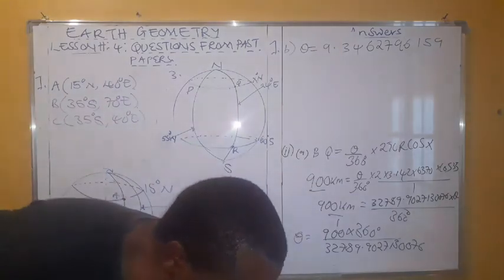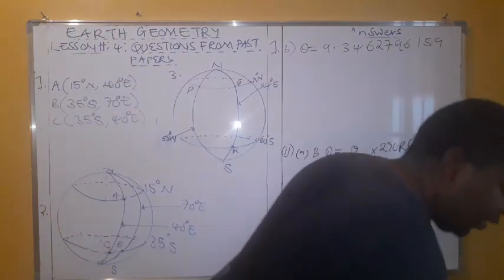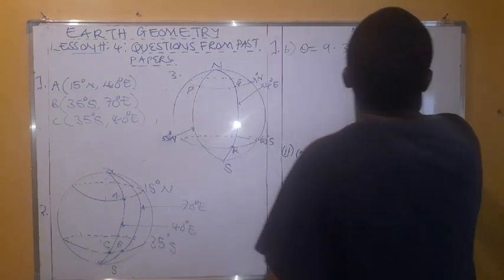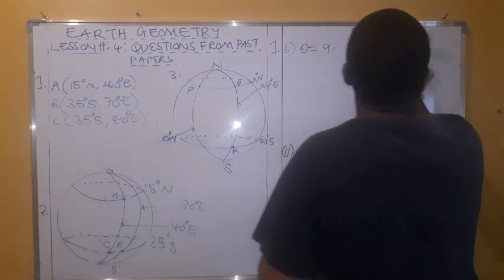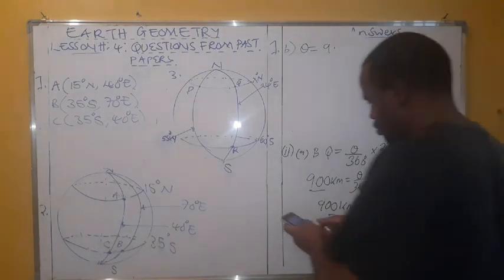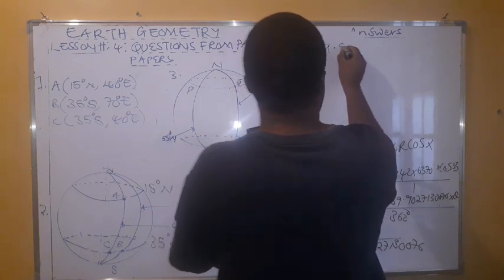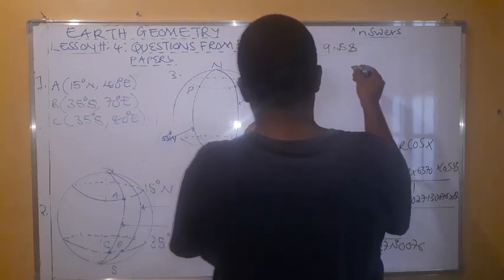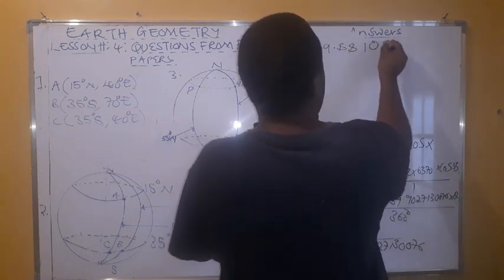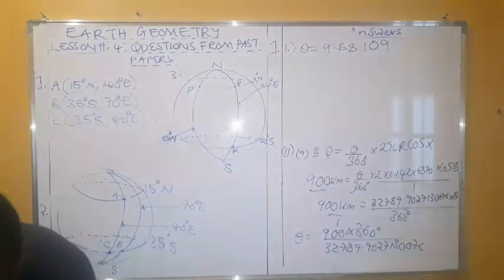When you work that out, again, even this one will be slightly affected. These are just minor issues. So here the value is 9.88109. Though there are some digits there, it's fine. So this is what we have.